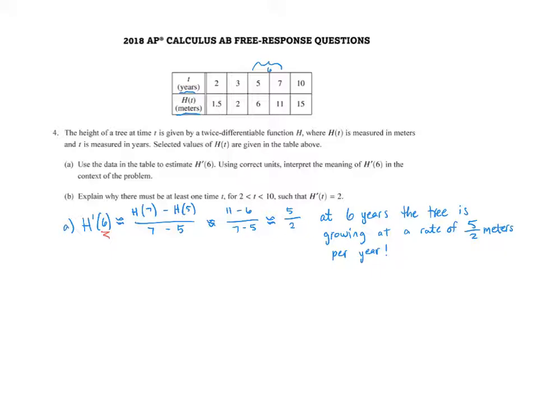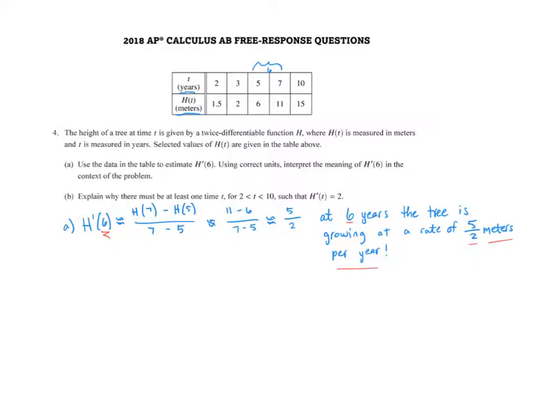Cool, so that answer should have all the parts that I need. It says when, and it says how much, and it even uses the correct units and relates it back to the problem by talking about the tree growing.